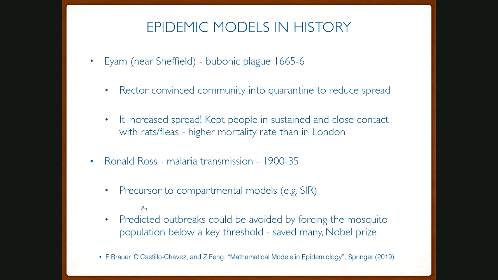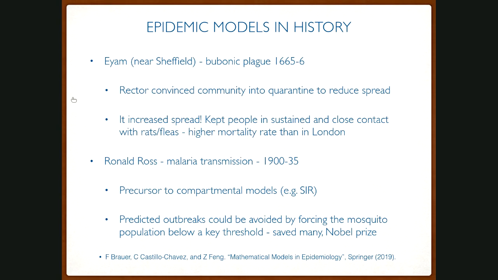So just to provide an idea of some historical usages or misusages of epidemic models and ideas, we have a bit about the plague in a little village near Sheffield, where general knowledge would have said that quarantine is a good idea. The rector of that community convinced the members of that village to quarantine themselves against the spread.